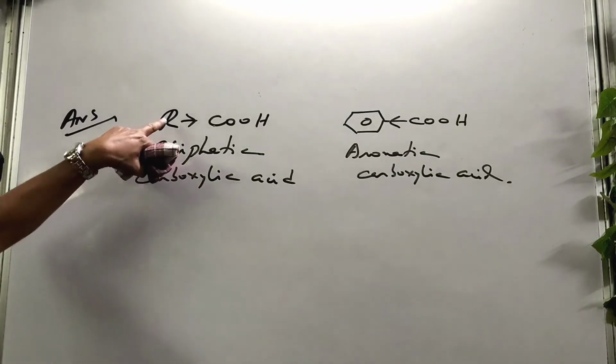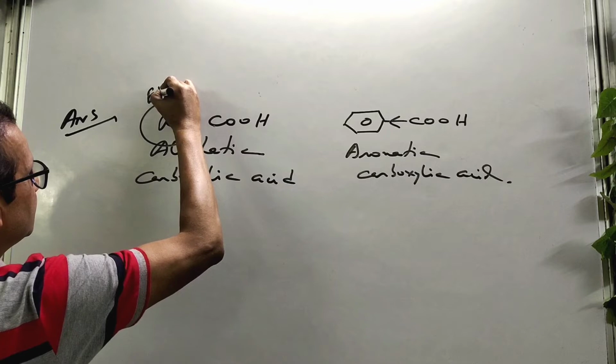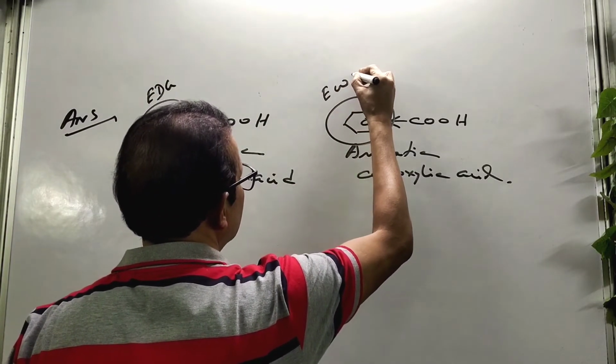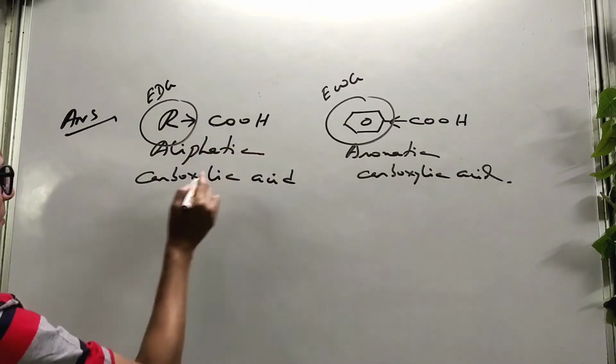Now it has electron donating nature, it has electron withdrawing nature. So directly you can write, okay, it hardly carries 1 mark, no need to write details.